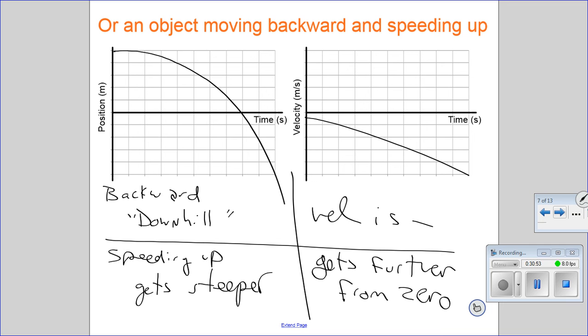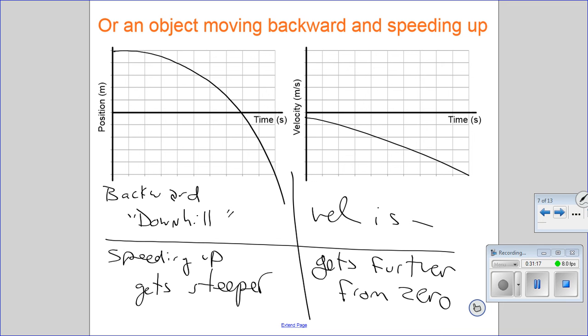Now be careful. Up until now, I've been really focusing on this idea that when we talk about acceleration, make sure you use the word velocity. Here's why. In this example, is the object speeding up or slowing down? Speeding up, right? But look at the velocity. What's the velocity doing?